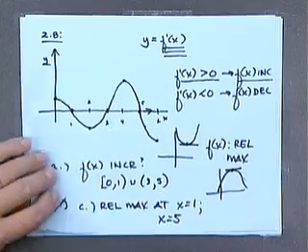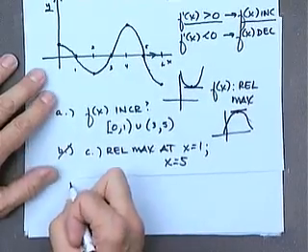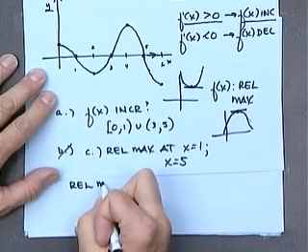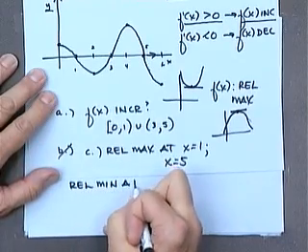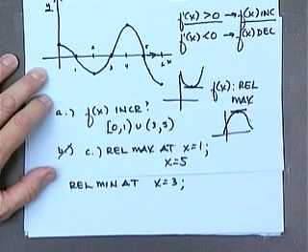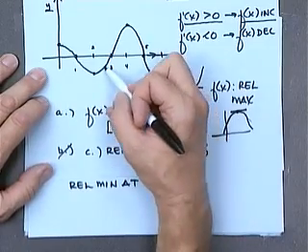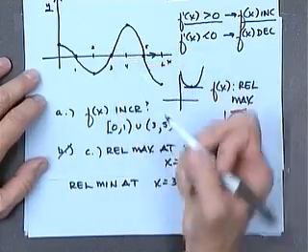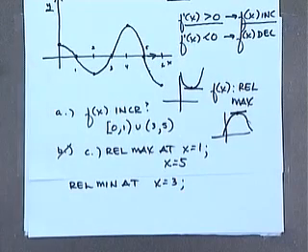So relative min at x equals 3. Where else does that happen? That's it, right? Where it goes from negative to 0 to positive. So that's our only potential relative min.